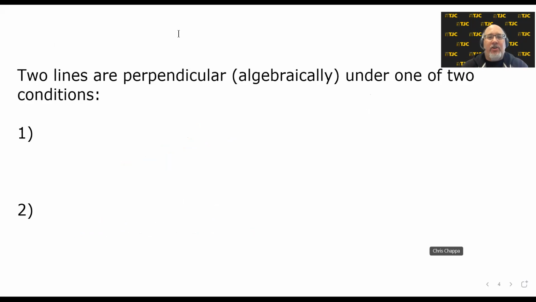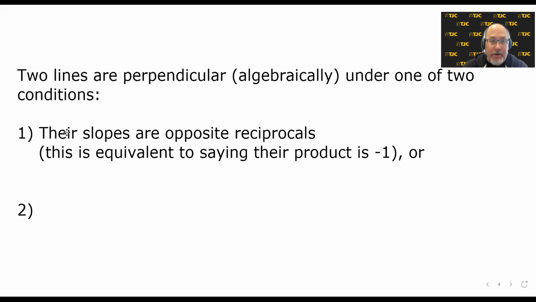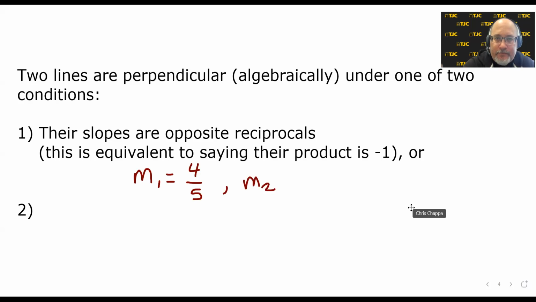Two lines are perpendicular algebraically under one of two conditions. Condition number one, their slopes are opposite reciprocals. Now, this is equivalent to saying that their product is -1. For example, if one of the slopes is, we'll say, 4/5, then the second slope, first off, would be the reciprocal, because when you rotate that picture, the rise and the run trade places.